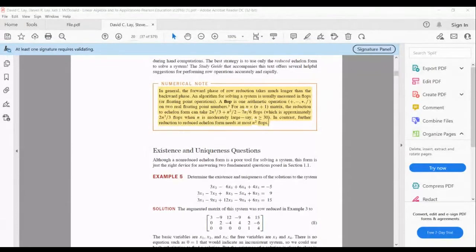Remember, if you had 100 equations with 100 variables, or 100 equations with 150 variables, you'd be using a computer to reduce the augmented matrix to reduced echelon form. But every operation you do requires a flop, right? Well, in general, the forward phase of row reduction takes much longer than the backward phase.